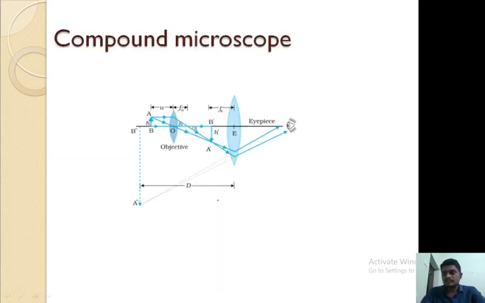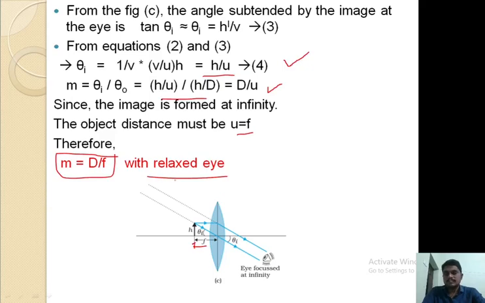Now with the help of a simple microscope we will get a magnification in the order of 10 only. Just look at the expression. Here the magnification is inversely proportional to the focal length. The distance is fixed here, so it depends only on the focal length. Smaller the focal length, greater will be the magnification, but there is a limit to fabricating the lens.